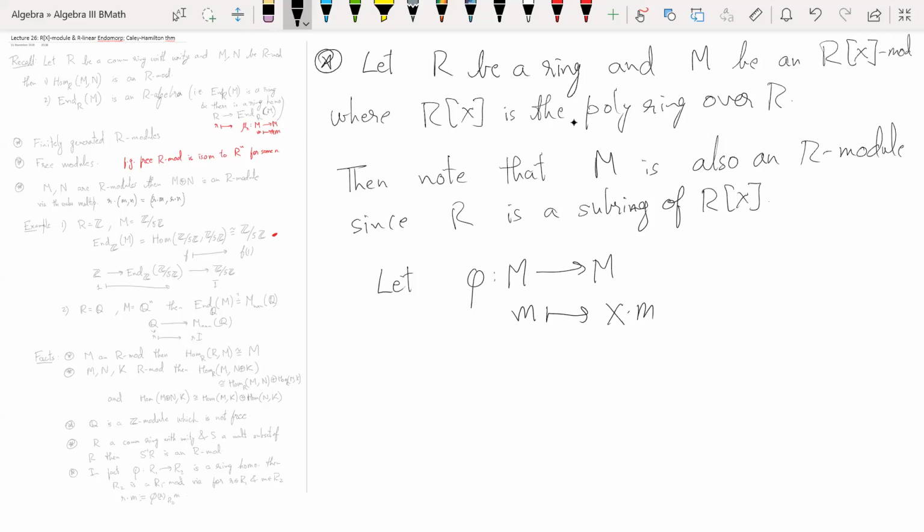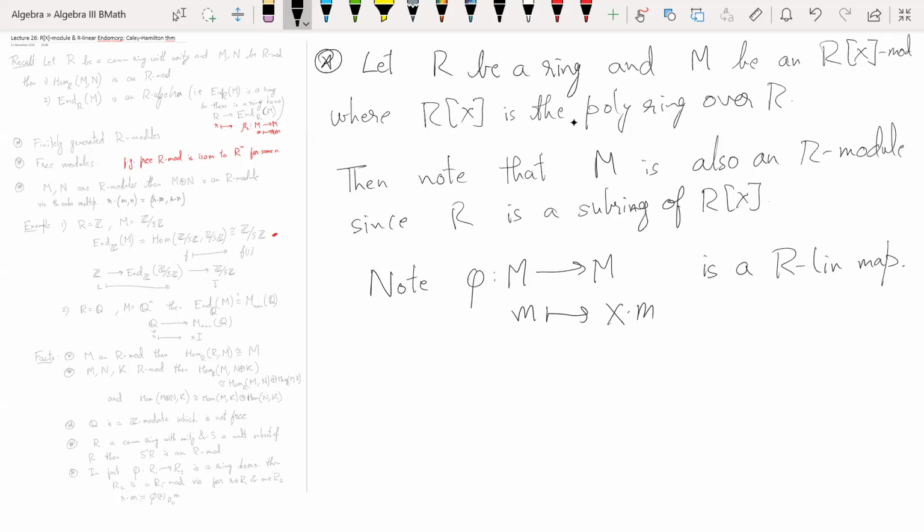One of the module axioms tells you that X times (m1 plus m2) is the same as X times m1 plus X times m2, and multiplying by an element r of R, r times X times m is the same as X times r times m, because R[x] is a commutative ring. So note that phi is an R-linear map.